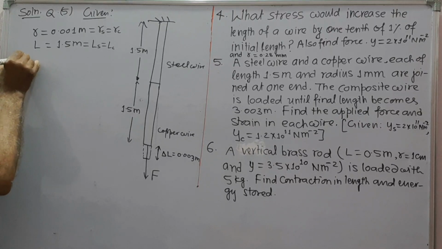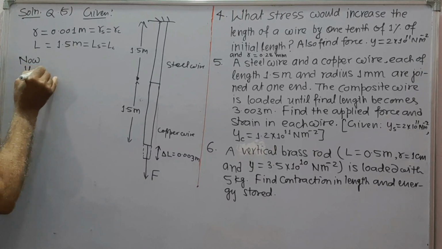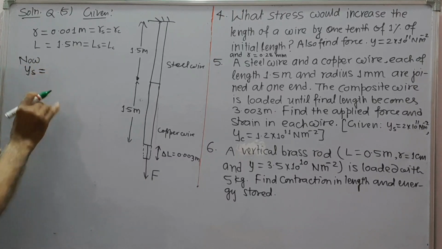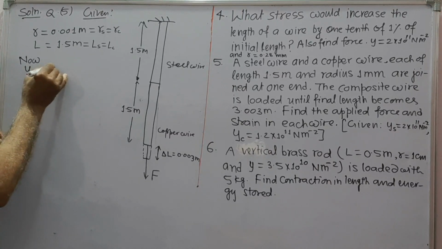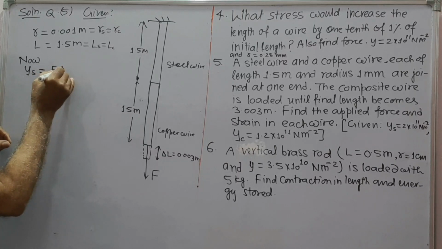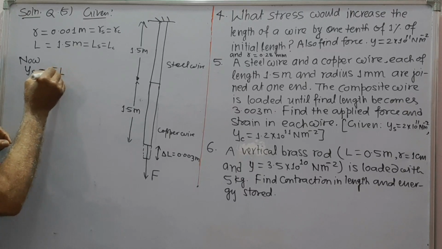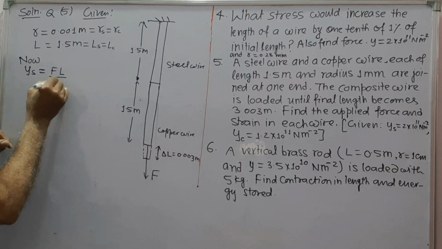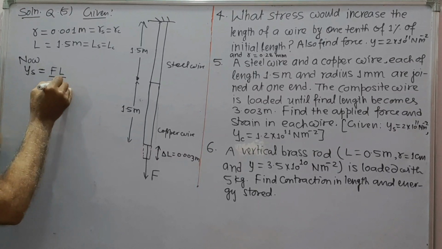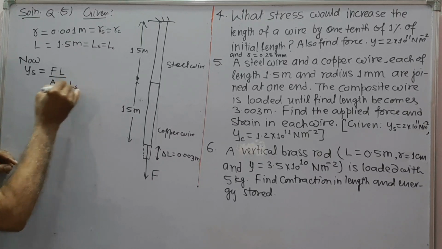Now, Y steel will be equal to F into L upon A into delta L of steel, because F and A are the same.